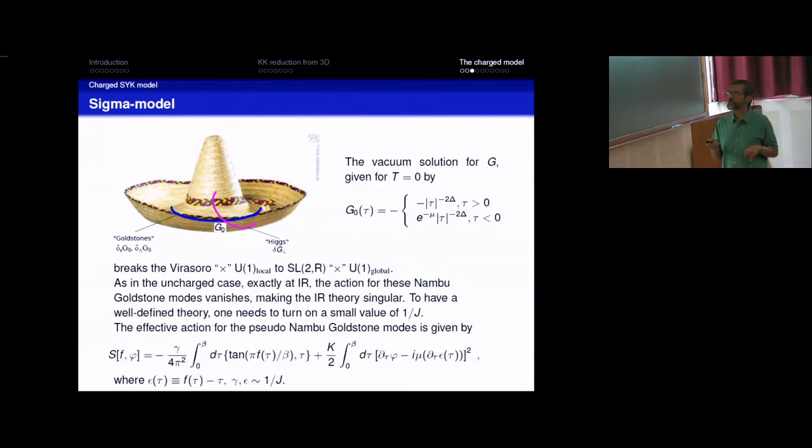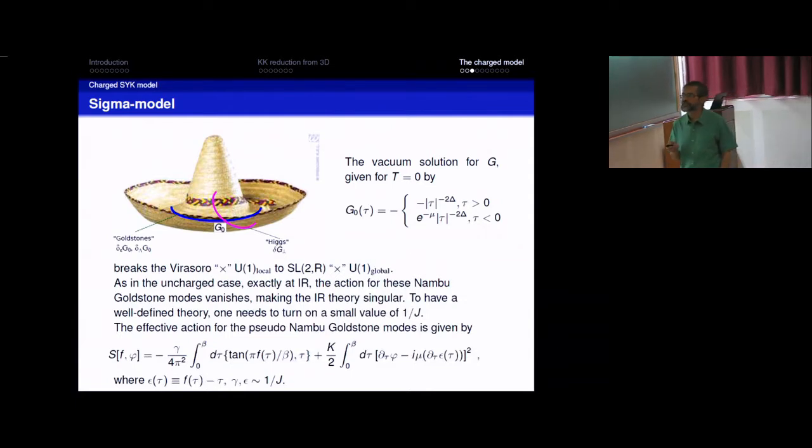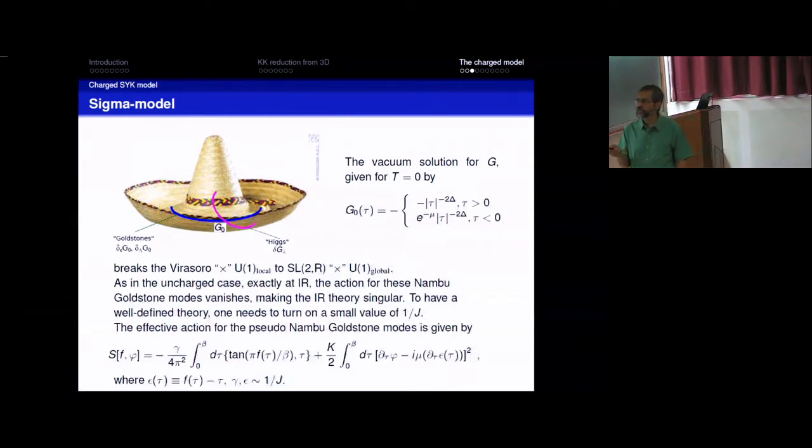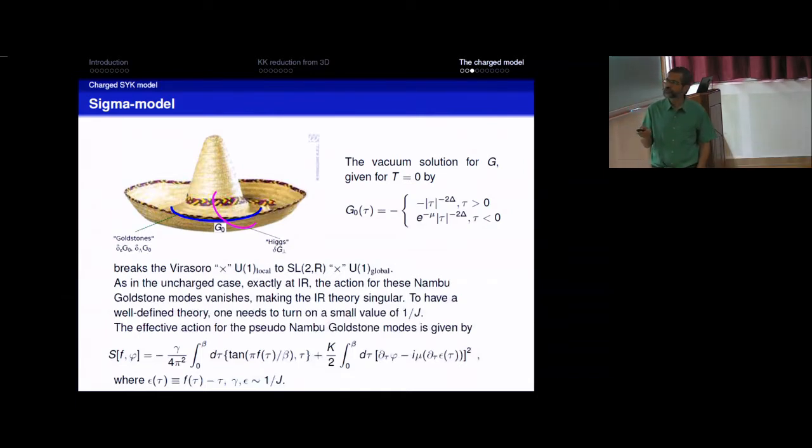So you have to turn on some 1/J, and so the action that you pick up has the old familiar Schwarzian term, but then it has a sigma model term.